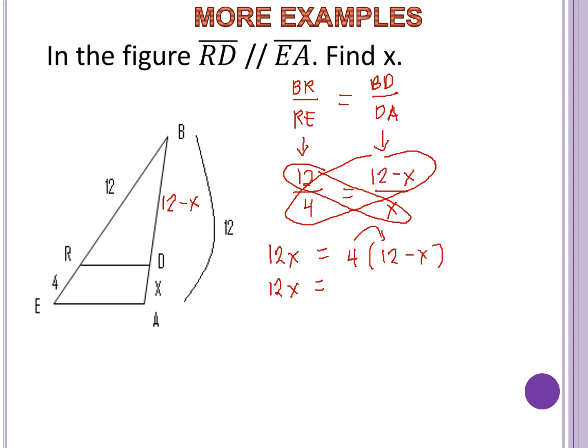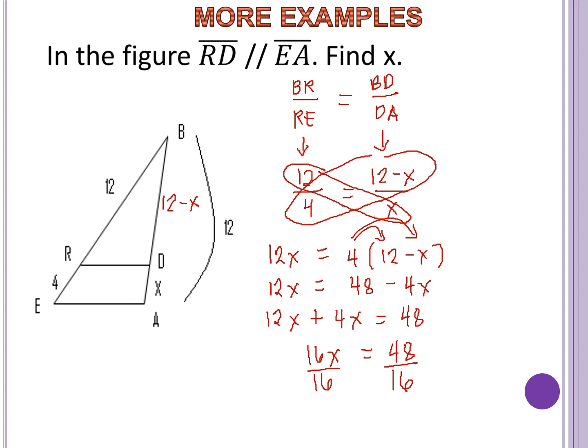Apply distributive property. 4 times 12 is 48. 4 times x is 4x. Let us transpose 4x to the right side of the equation. So we're going to have 12x plus 4x is equal to 48. 12x plus 4x is 16x. Divide both sides by 16.